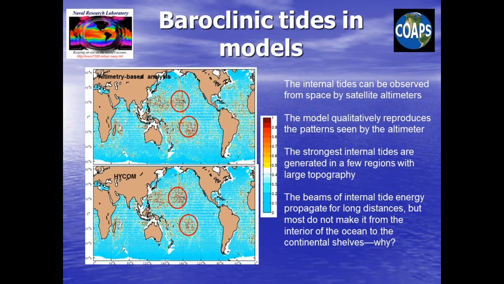What's going on? And just to follow up with what I said earlier, on the top is what the altimeter actually saw for the surface signature of internal waves. If you look at the color bar here, it's 1 centimeter plus or minus.